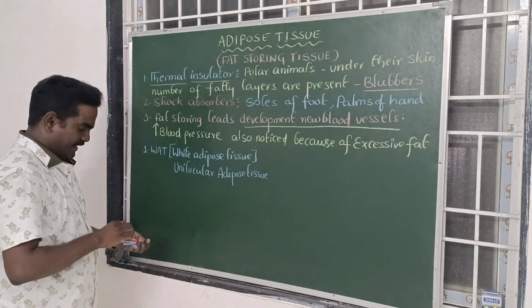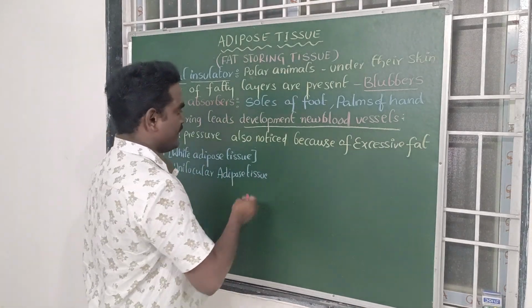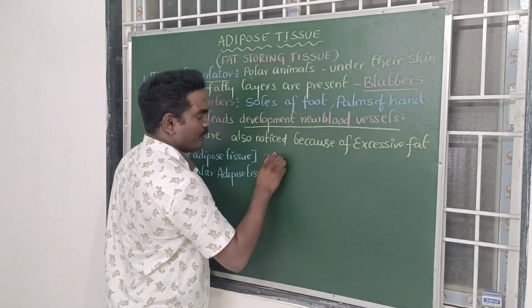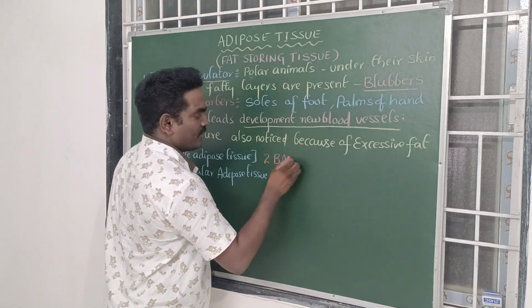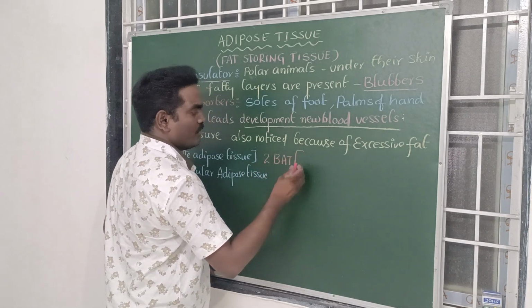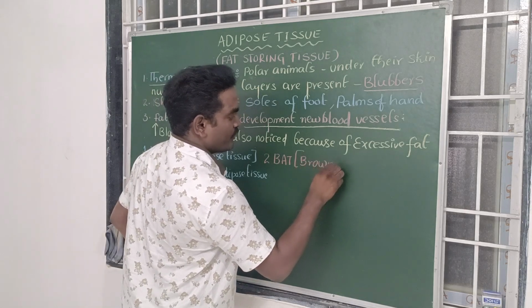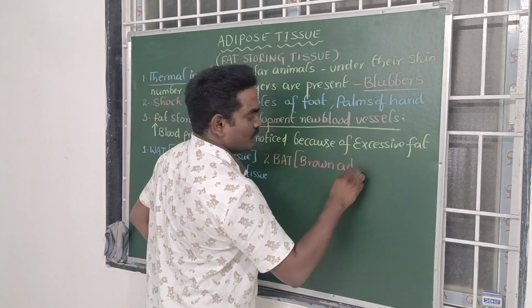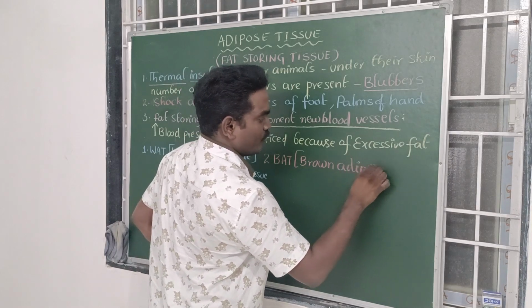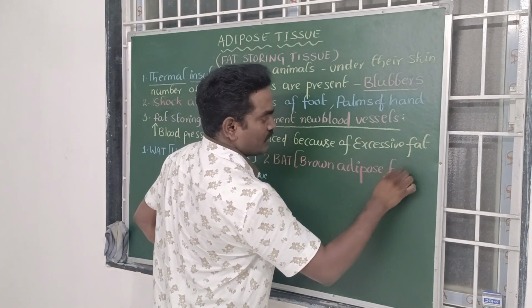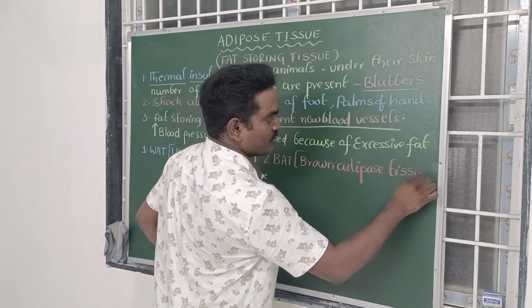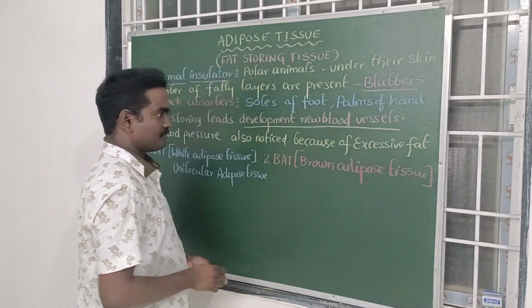Okay. The second one is named BAT, that means brown adipose tissue. Brown adipose tissue. Got it?